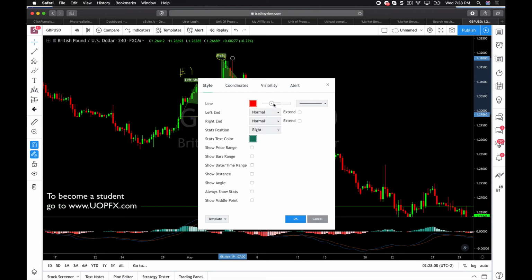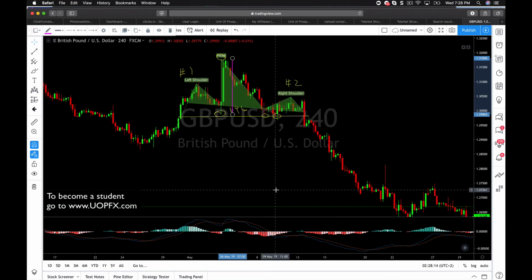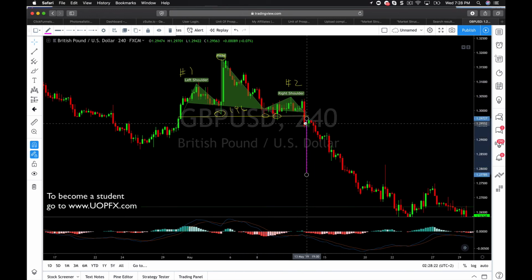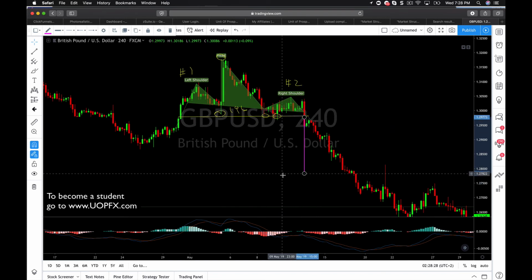Let's make that red, and I'm going to make it thick. Actually, let's make it purple. So that's your measured move. This is actually probably easier on TradingView. I will take it from the neckline break down to there, and that will be my first take profit level.